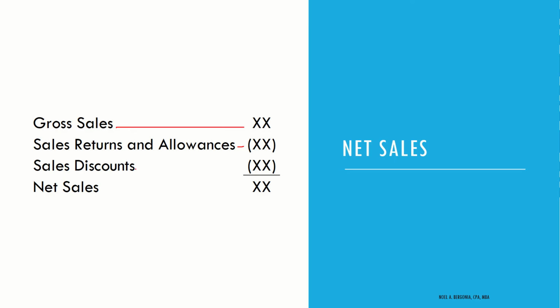Okay, and we deduct as well sales discount, coming from our credit terms, and the cash discount that the customer has paid as early as possible within the discount period. Deducting that sales discount, we will get the net sales. Okay, so that's our net sales for the income statement in the merchandising business.